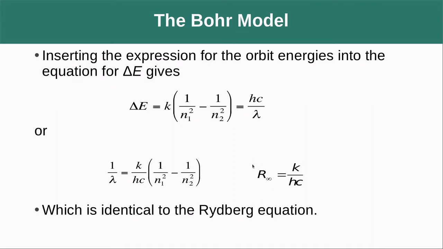And if we look at k divided by hc, that is actually Rydberg's equation. So this theory that gives us a little bit more insight into what is happening is consistent with what we already know to be true for the hydrogen atom. And this gave scientists the idea that maybe Bohr was onto something here.